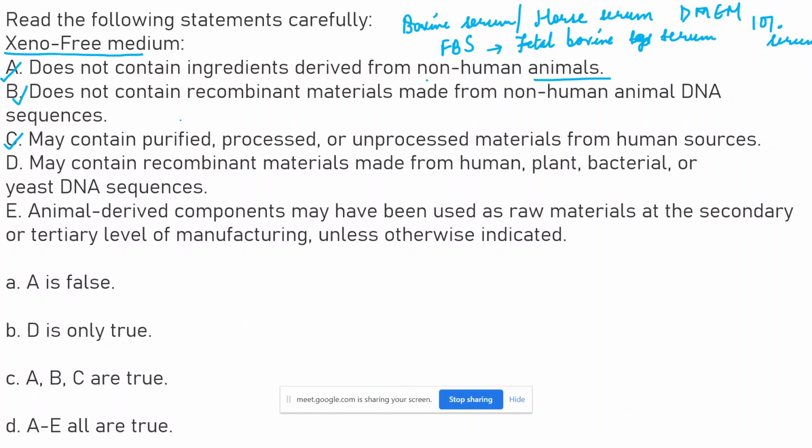Suppose you are growing and testing everything on a small scale in the laboratory, but there you have fetal bovine serum, you have horse serum, and you have some other ingredients which are derived from animals. But when you go for clinical trials, you cannot supply fetal bovine serum for treatment to humans, right?